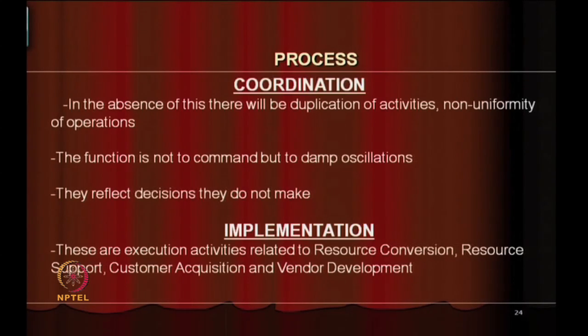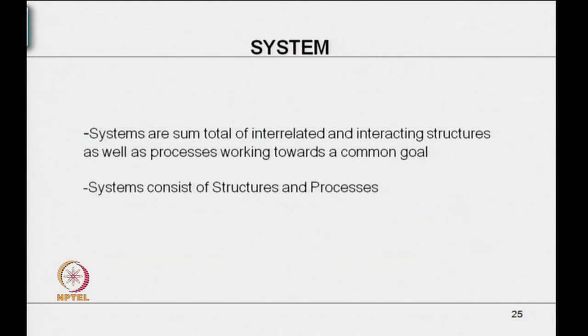So, processes lay emphasis on coordination and implementation, and the summation is in the form of systems. Systems are the sum total of interrelated and interacting structures as well as processes working together towards a common goal. Systems consist of structure and processes, and therefore, integrated systems would require you to have a proper understanding of structure and processes.